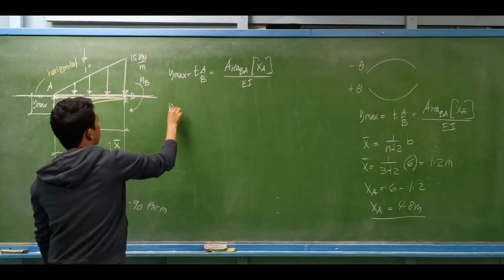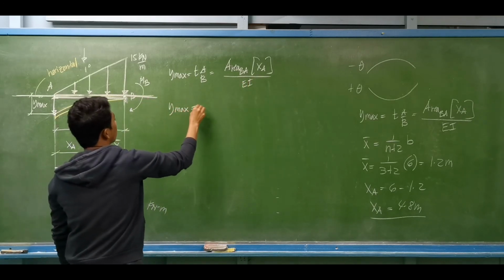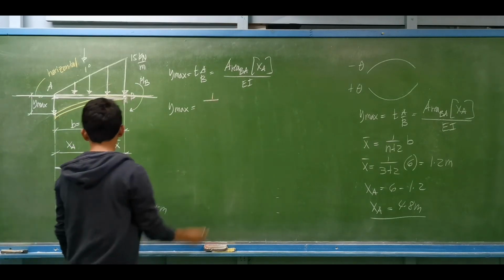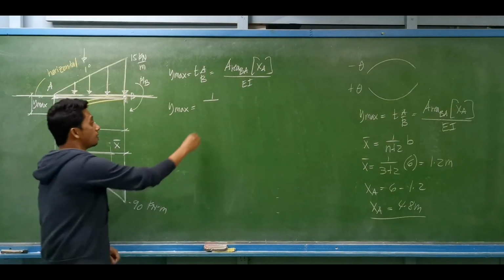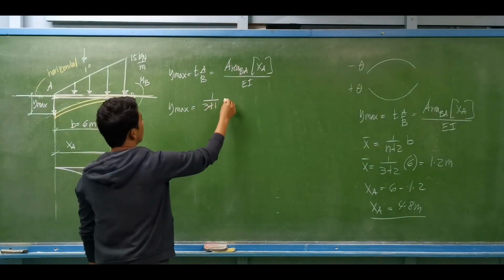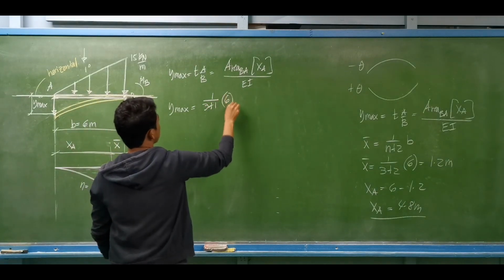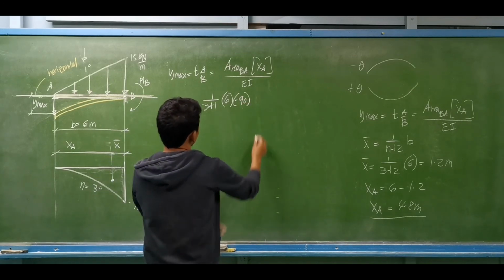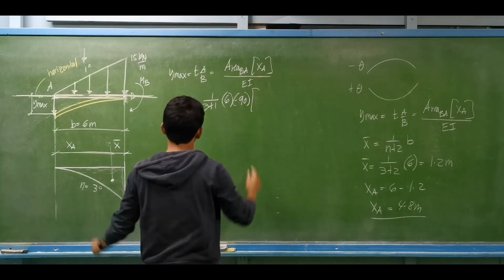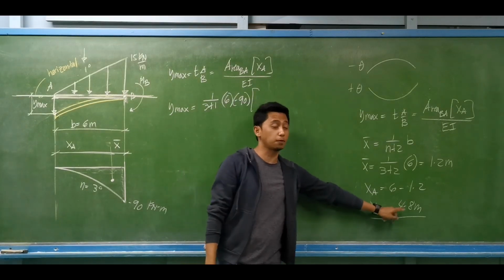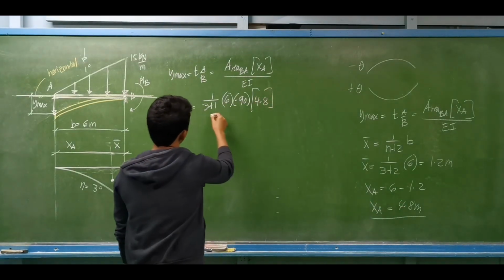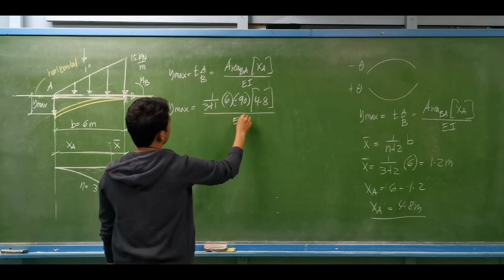So Y max is equal to, what is the area? The area is 1 over, what is the degree of the curve? That is 3. We have 3 plus 1, multiplied by the base: 6 times negative 90. Then x of A, which we found to be 4.8, all over EI.